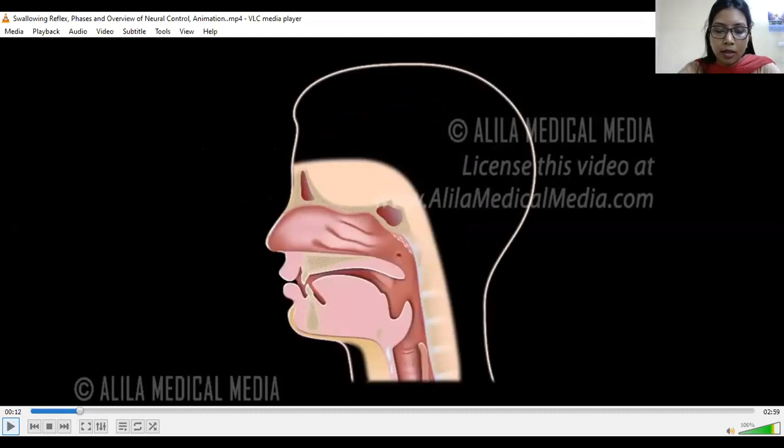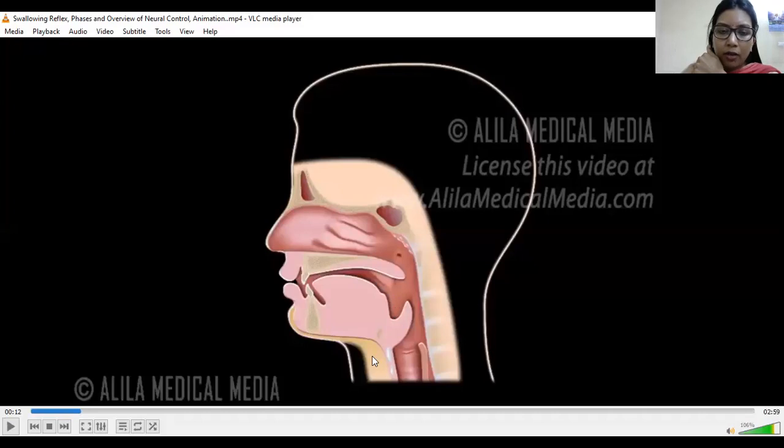So what you have to observe here is that this is a lateral cut section of the face. So this is your nose. These are your turbinates, superior, middle, inferior turbinate. This is the base of the nose. This part is the hard palate. This will be your soft palate. These are your lips, teeth, dorsum of the tongue.